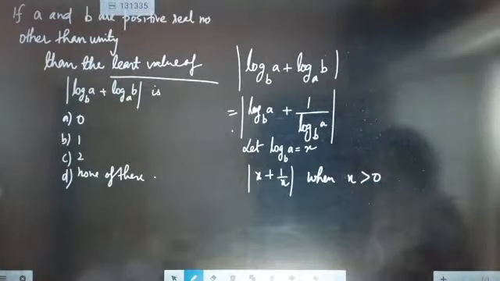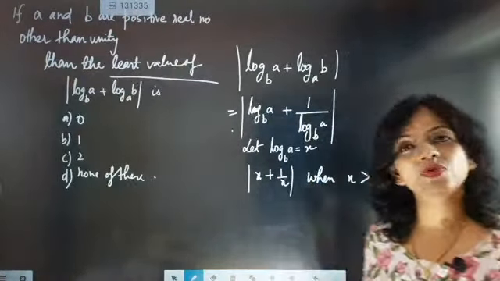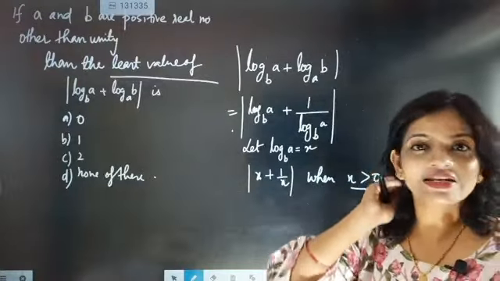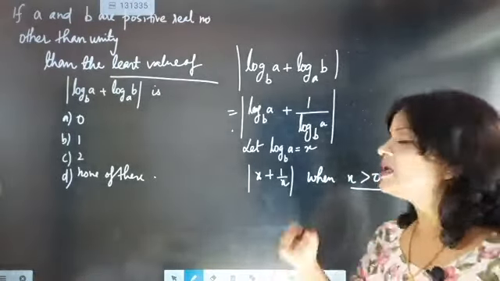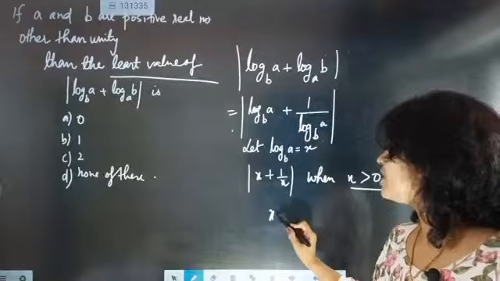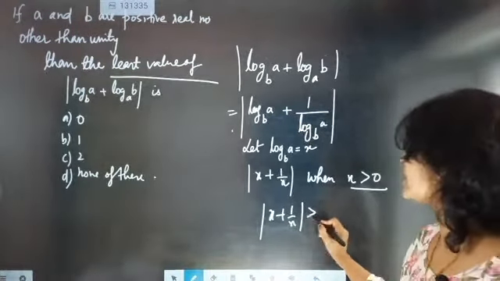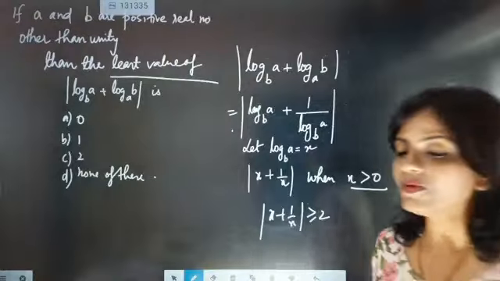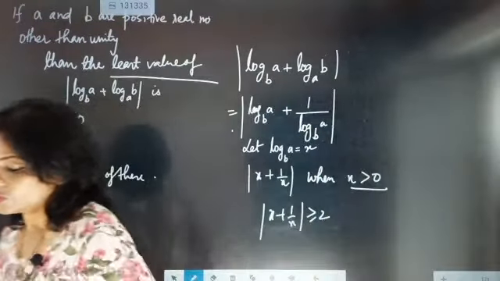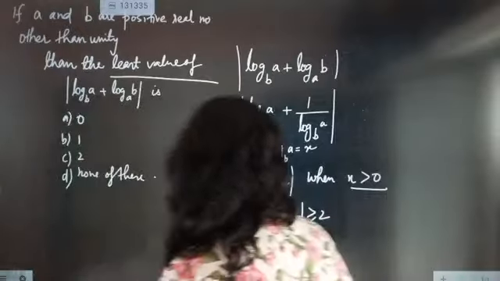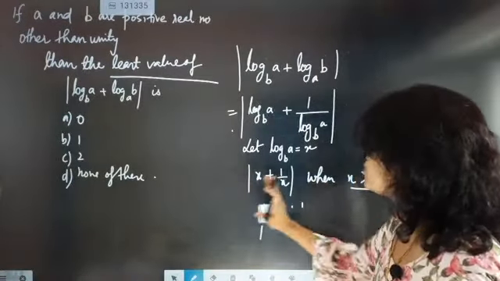Gautam, remember this one. Whenever x is greater than 0, then x plus 1 by x will be greater than or equal to 2. I am just removing the modulus; with the modulus it becomes equal.